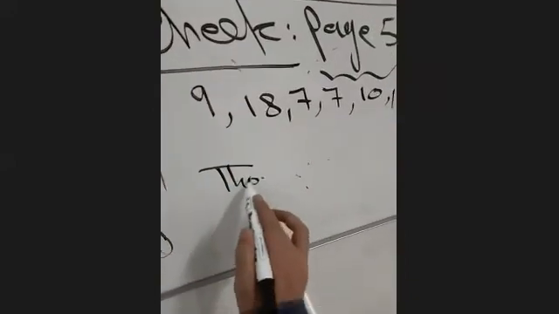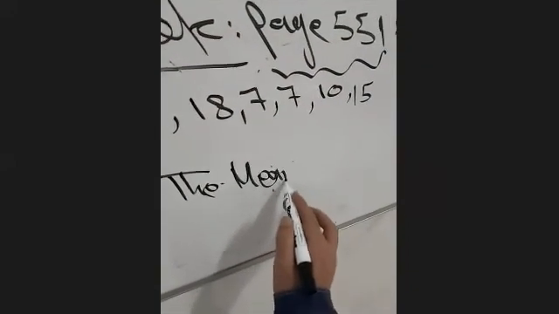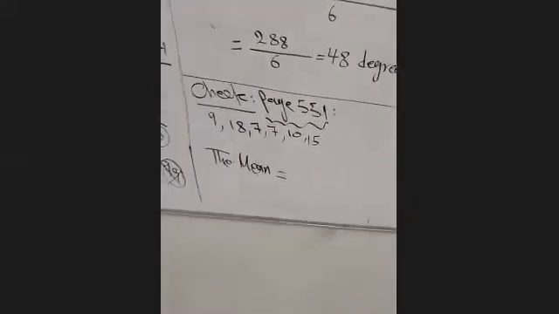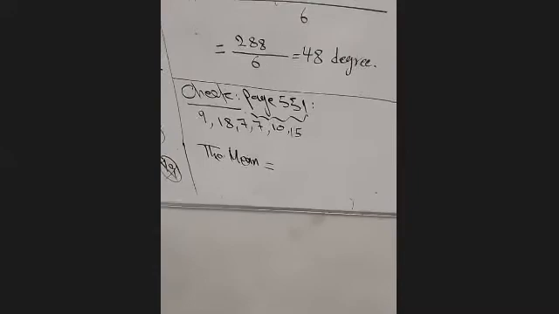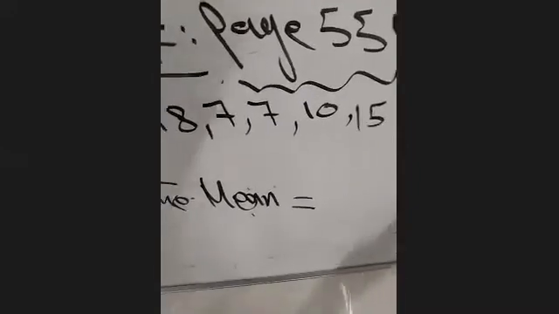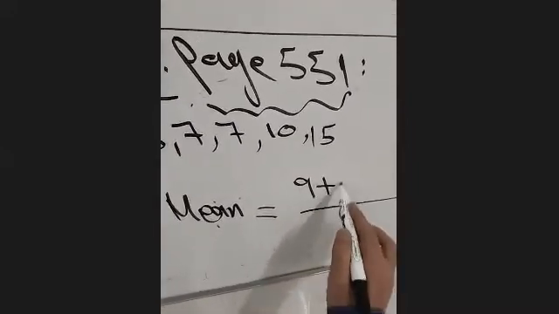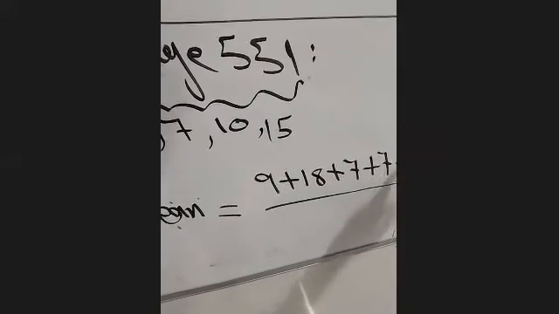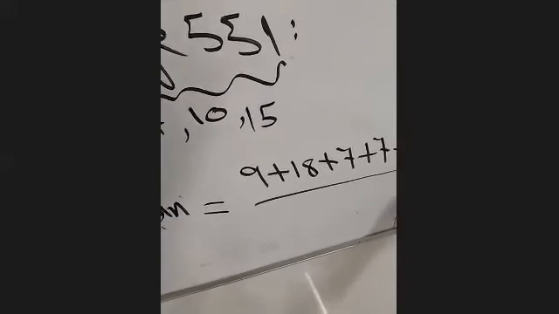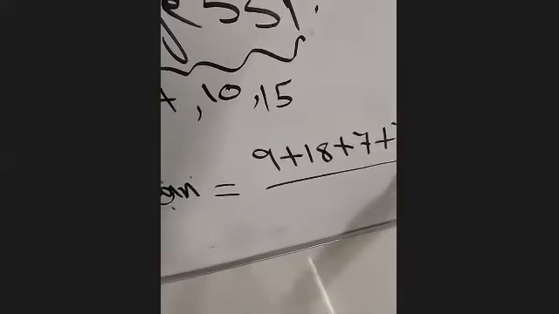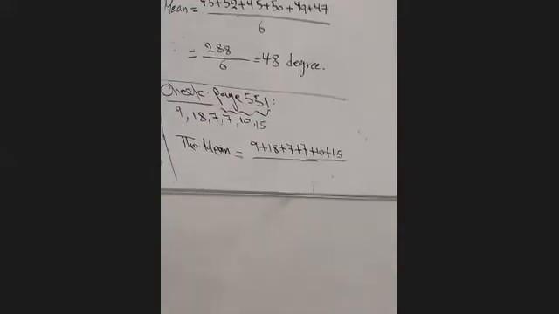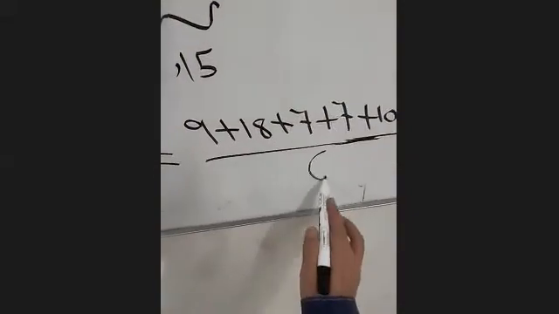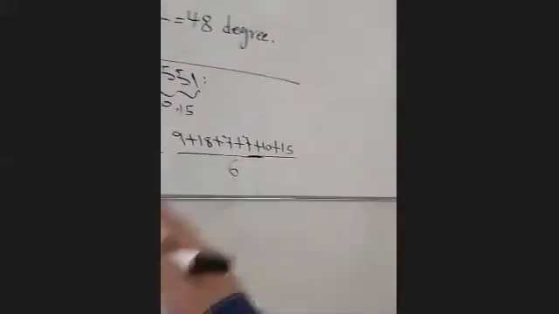Mr. Omar, equals what? How do you find it? We will add the numbers. So we have 9 plus 18 plus 7 plus 7 plus 10 plus 15, divided by 1, 2, 3, 4, 5, 6. Divided by 6.